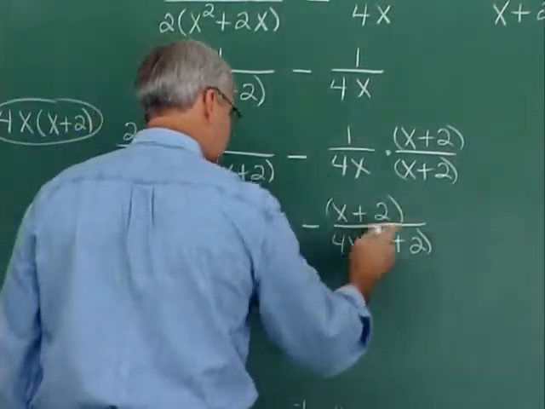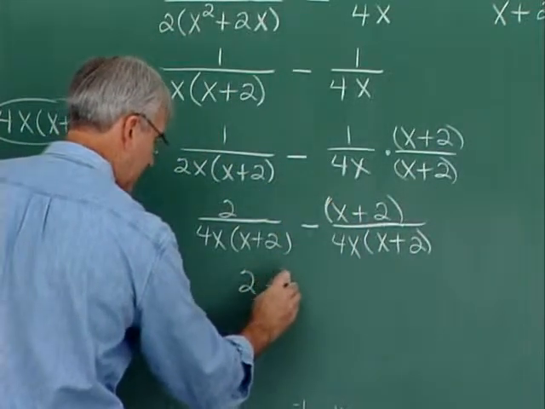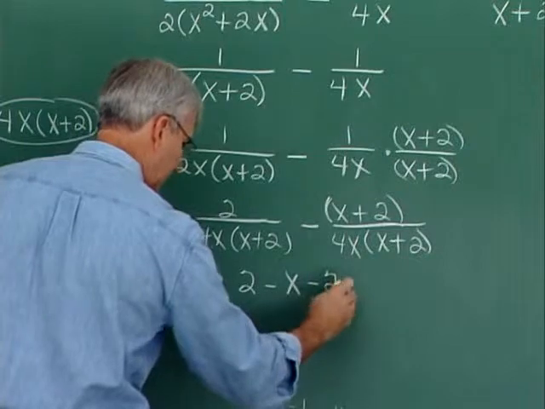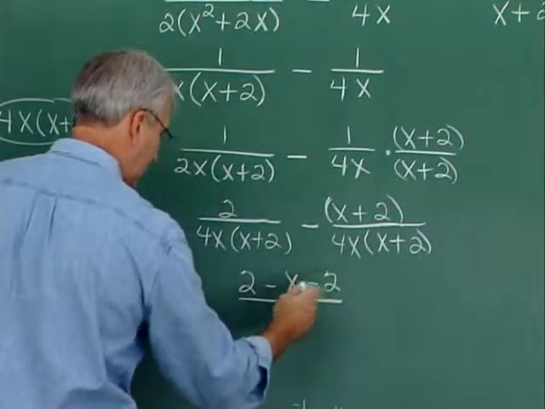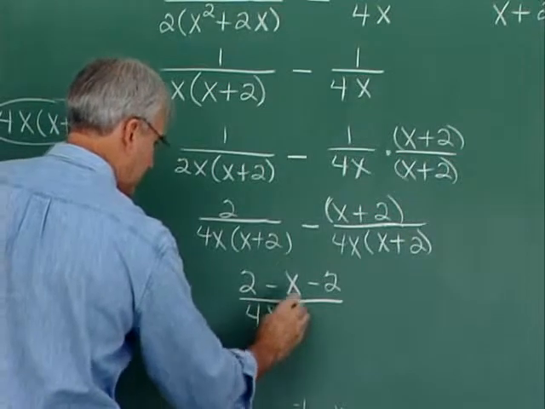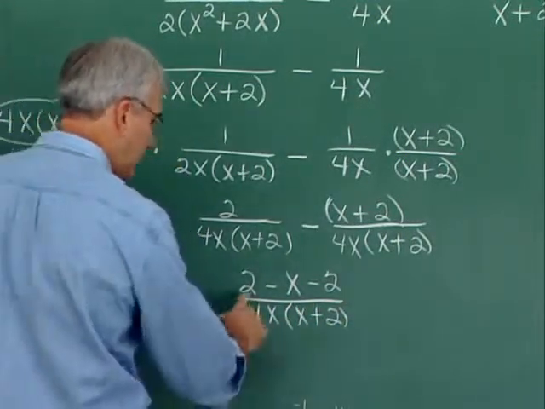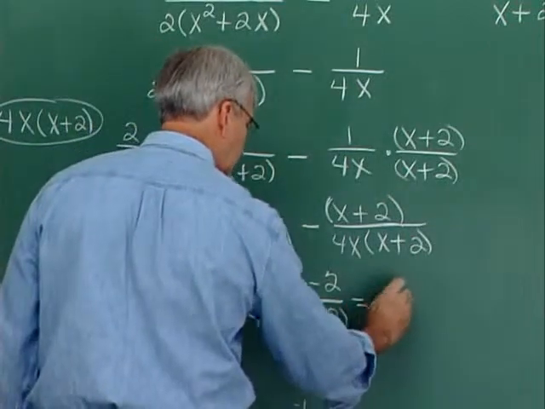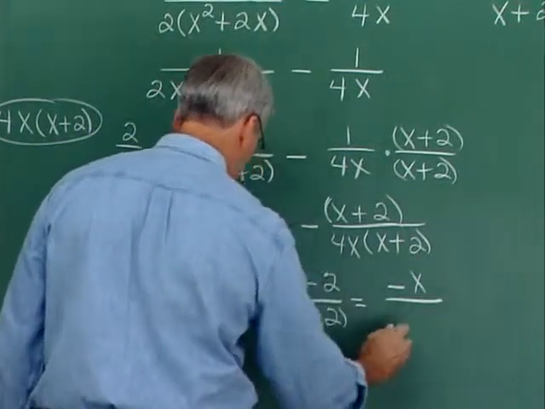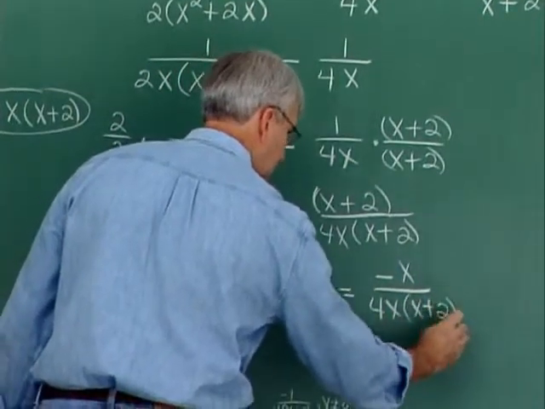All right, we introduce a parenthesis here and it'll help us along the way. We have 2 minus x minus 2, you see, over our common denominator, 4x times x plus 2. All right, now 2 minus 2, gee, they go out. So we have minus x over 4x times x plus 2.